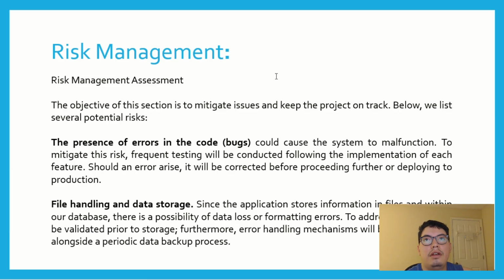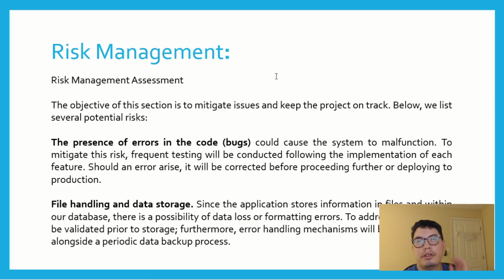So first of all, I'm gonna talk about the risk management. The objective of risk management in this part is to mitigate the issues that I will have in this project. Below I'm gonna list certain potential risks.